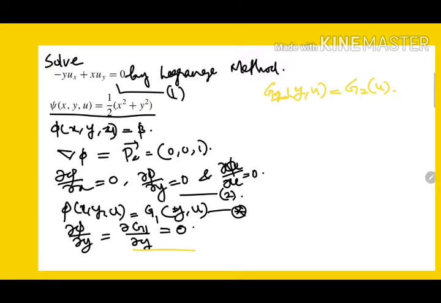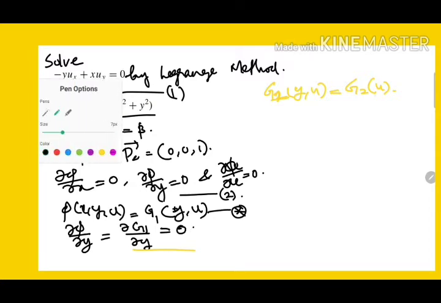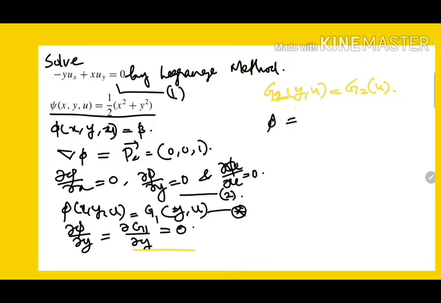Substituting this in star, phi will be equal to g2 of u. That means phi is a function of u only, independent of x and y.